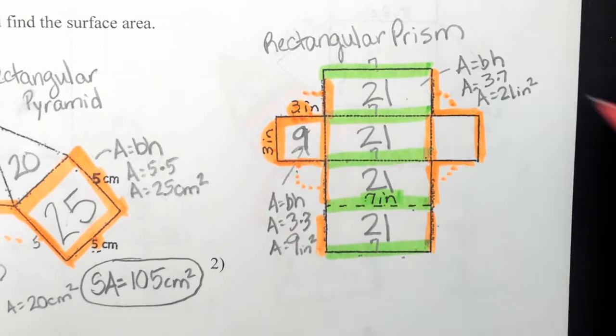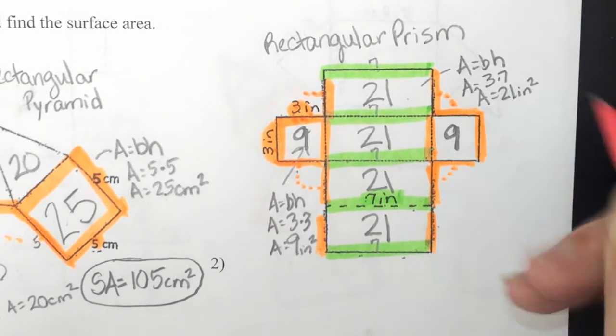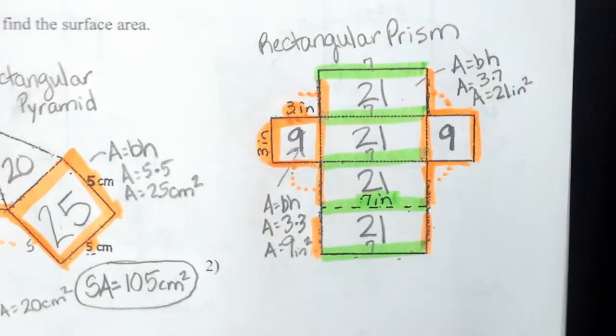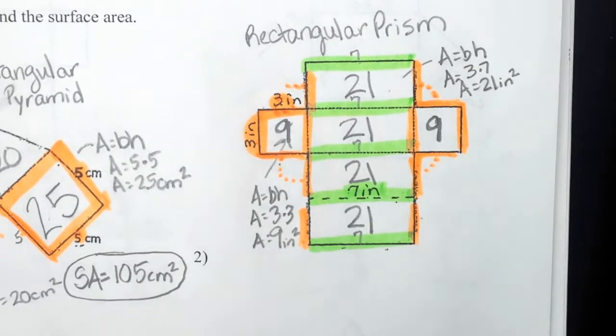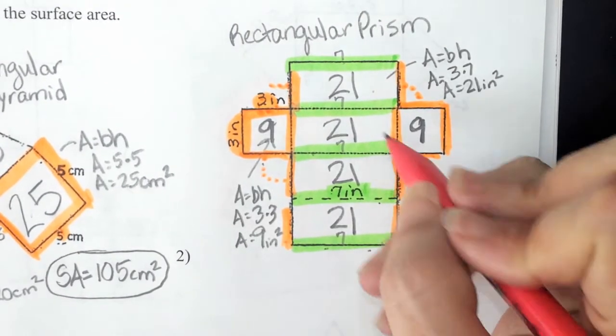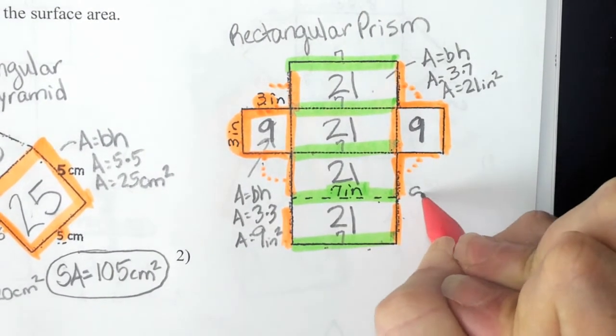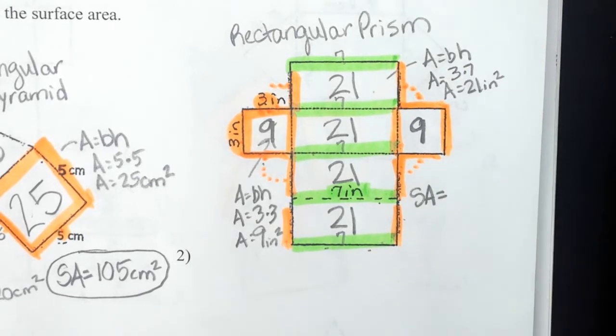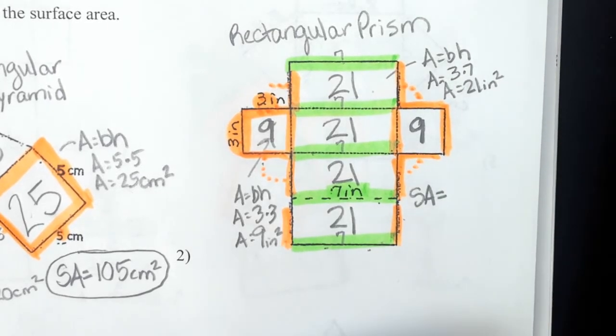And this one's surrounded in orange, and this one's surrounded in orange. And then the last thing's adding them all up to get SA for surface area. 102.